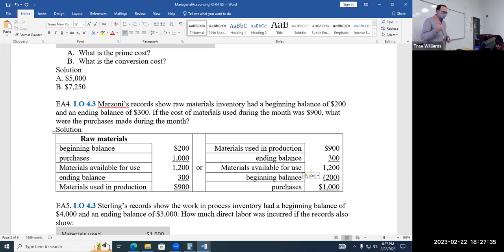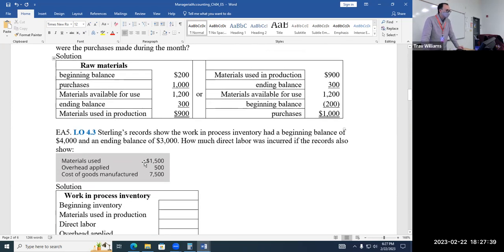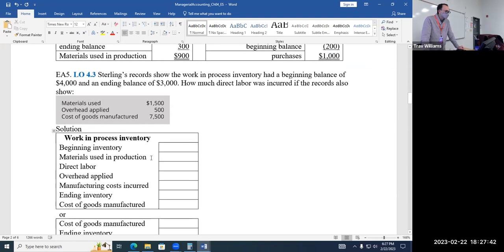So this last exercise, this one right here, we see raw materials, right? Here with work in process, we're going to see it's the same basic formula. You might be saying to yourself, it looks a little longer. It is, but it's the same basic formula. You've got your beginning inventory plus what got added during the period. That gives you the total that's available, minus your ending inventory tells you the cost of what got manufactured.